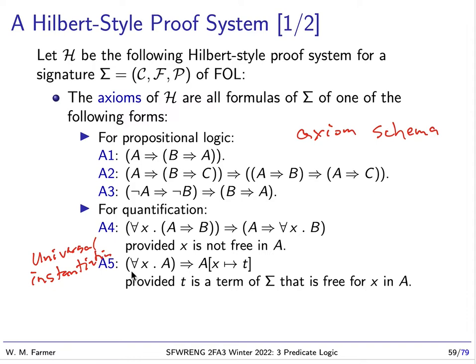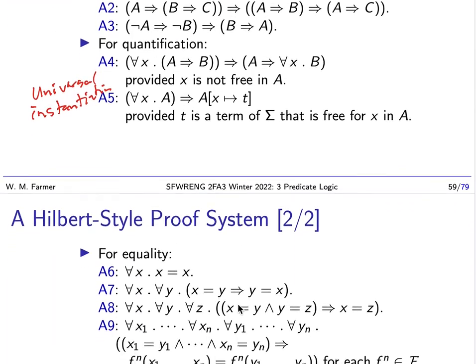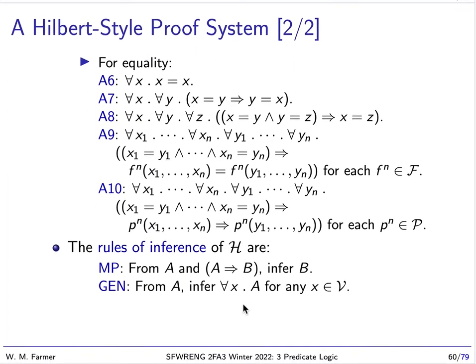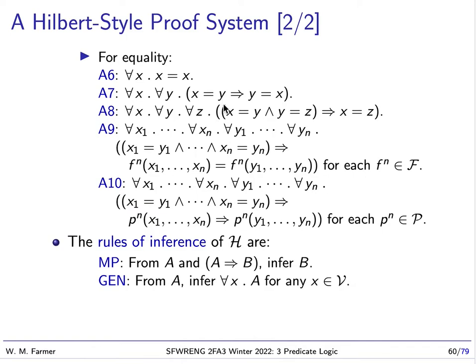We say that a universal formula implies every instance of it, where we replace the variable x that's being universally quantified by any term, provided that term is a term of sigma that is free for x in A. In other words, we can substitute for x any term as long as we don't get variable captures. Now, we also need a bunch of axioms for equality.